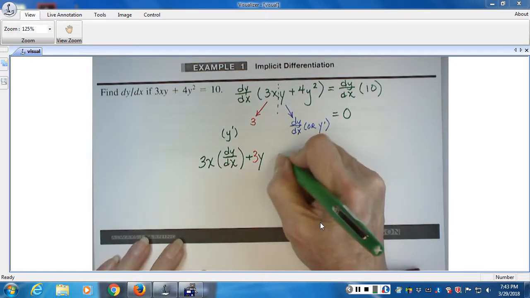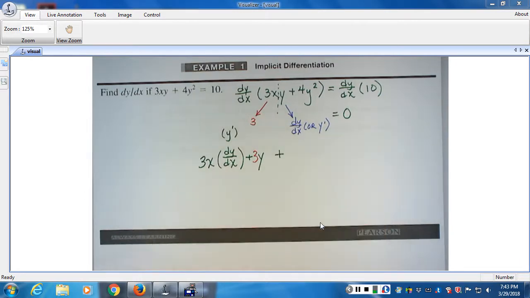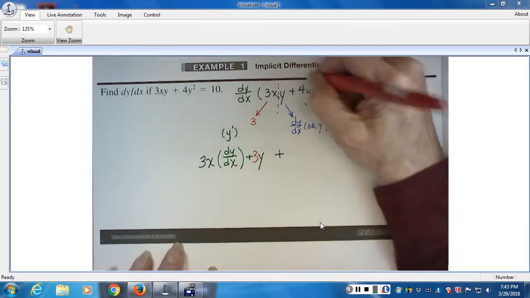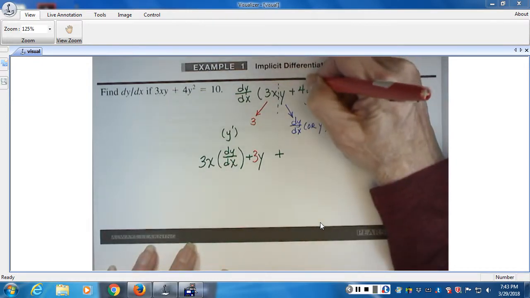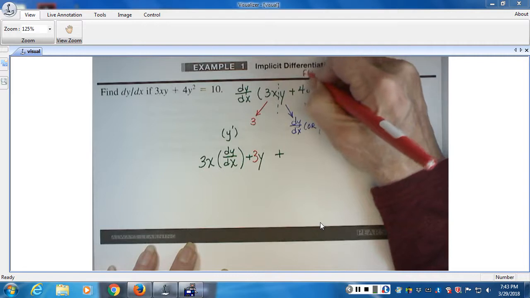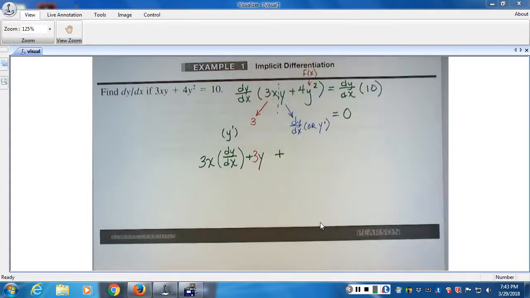Now we take the derivative of the second term. Keep in mind that y is a function in x, and that function has been squared, which makes it a chain rule problem. Y's raised to a power becomes a chain rule problem. Okay?